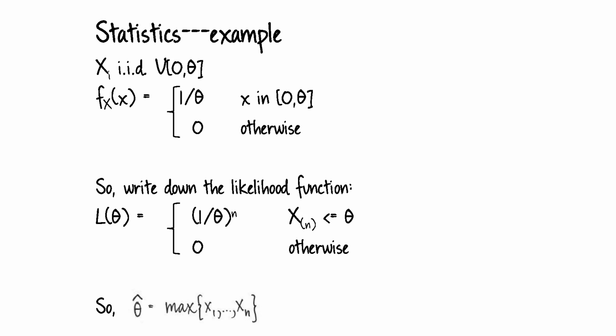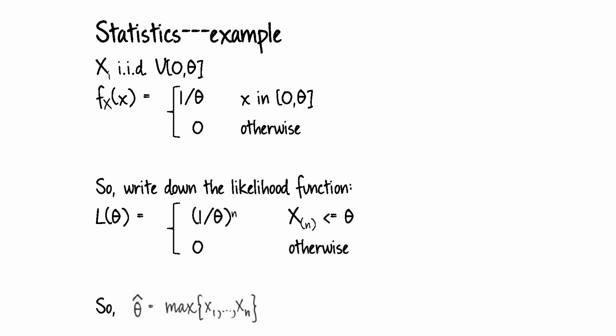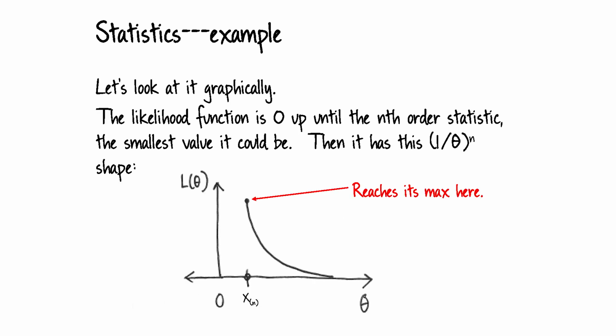So for any values of theta less than the nth order statistic, this function is equal to 0. Off to the left, it's equal to 0. Then starting at the nth order statistic, it's just equal to 1 over theta to the n. So when we graph it in theta space like this, it's equal to 0 until you get to the nth order statistic.